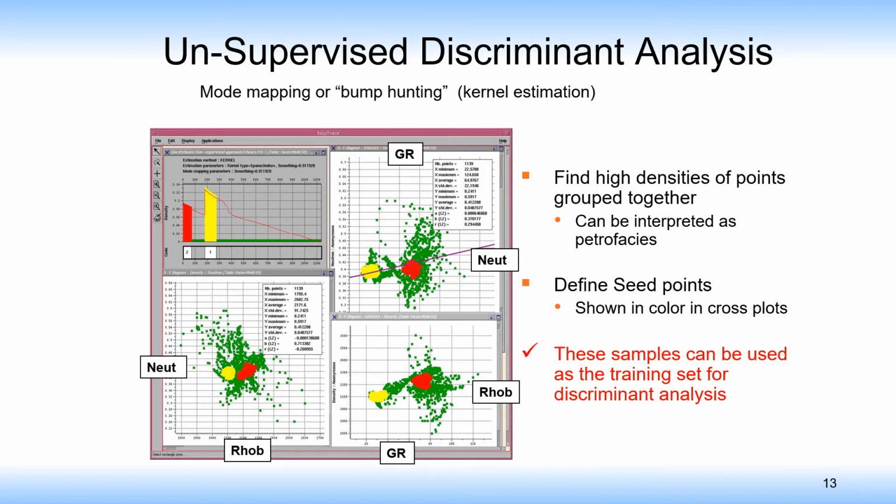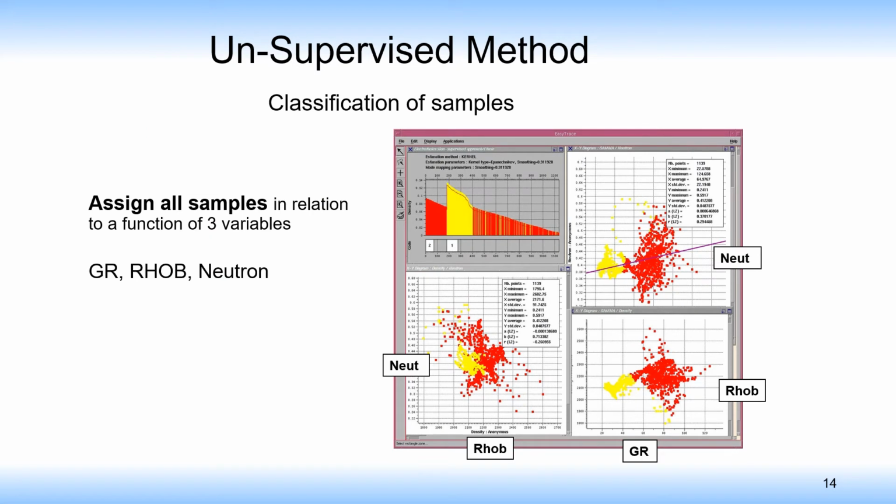So, a quick example of an unsupervised method using a handful of wells and 3 variables. The high density areas are identified and seeded. So we've got a binary facies system, and we're going to apply a classification, classify all the samples.